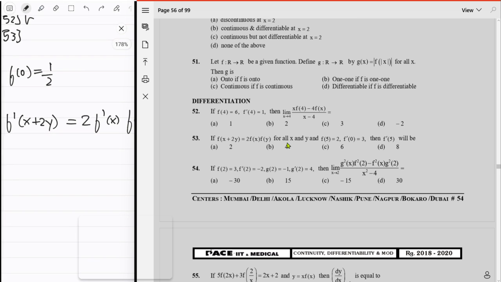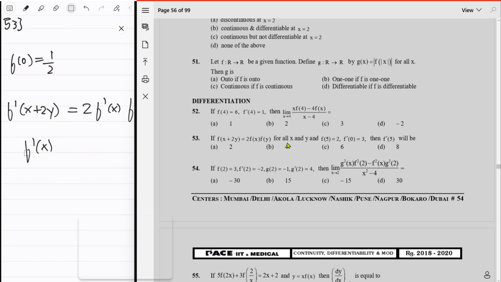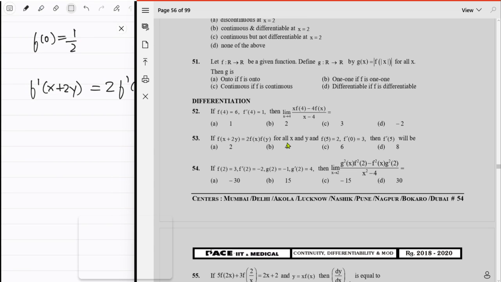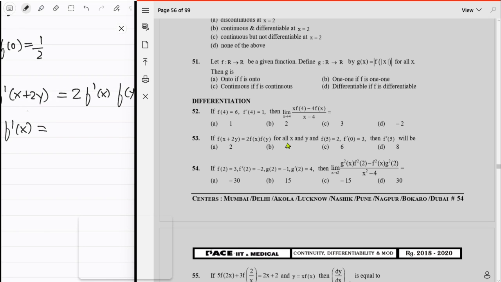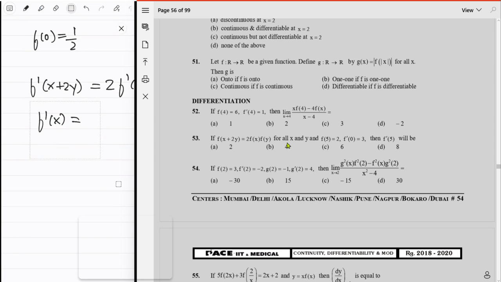So we just have f dash of x, which is just equal to f dash of x. That's not interesting.